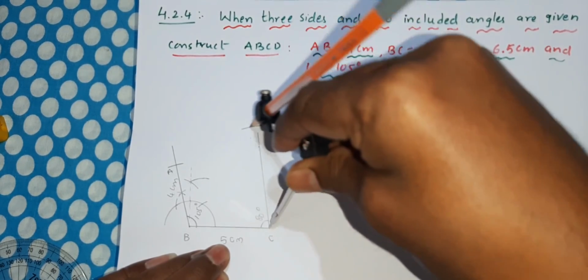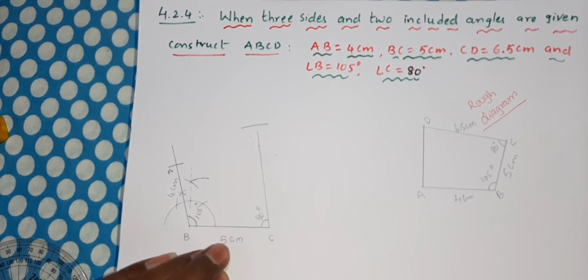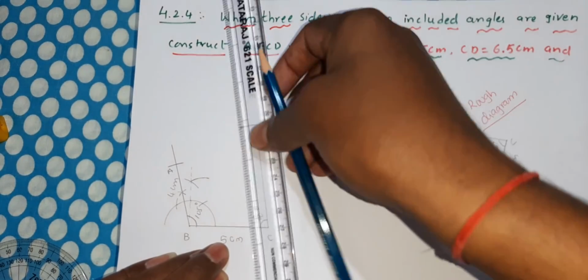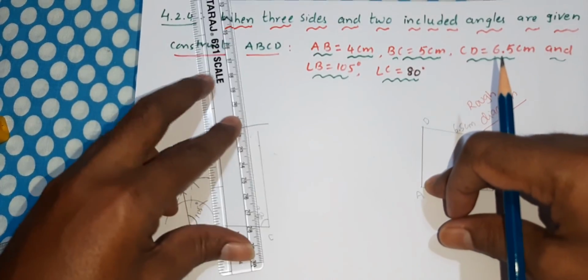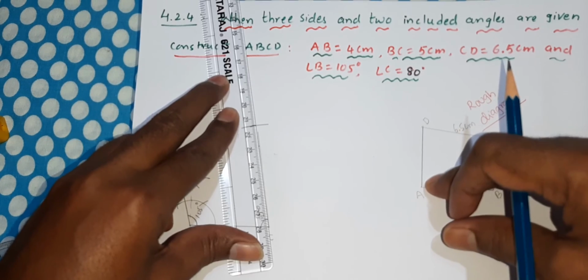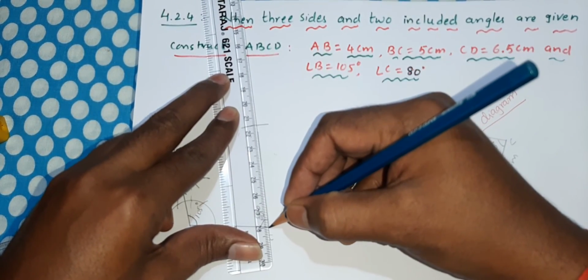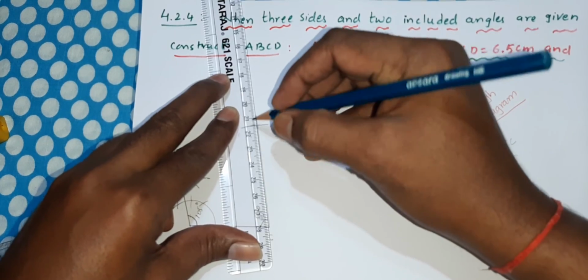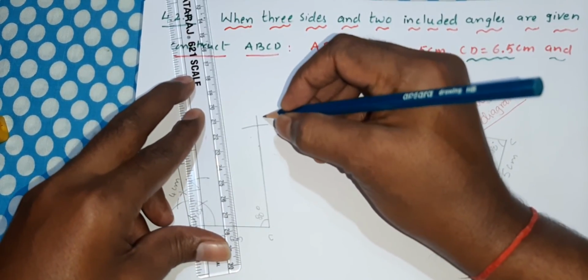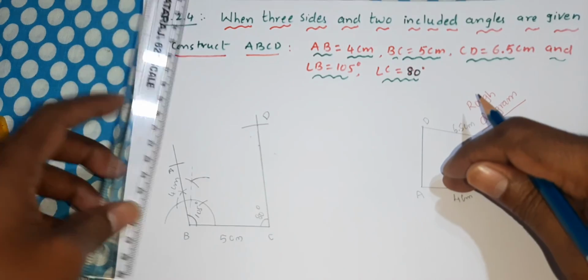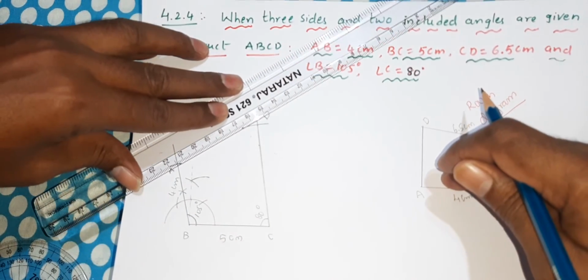If it is not possible, you just extend that line, you will get this point D here. That is point D. Now join AD also.